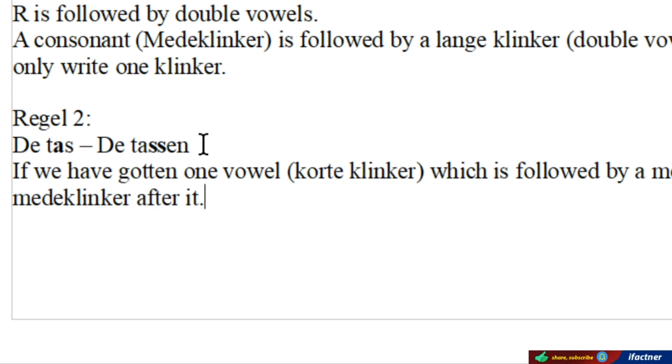So tas becomes tassen, man becomes mannen. So there is a short klinker, and we have added double Medeklinkers after it. Similarly, boot becomes boten. So this is rule number 2.